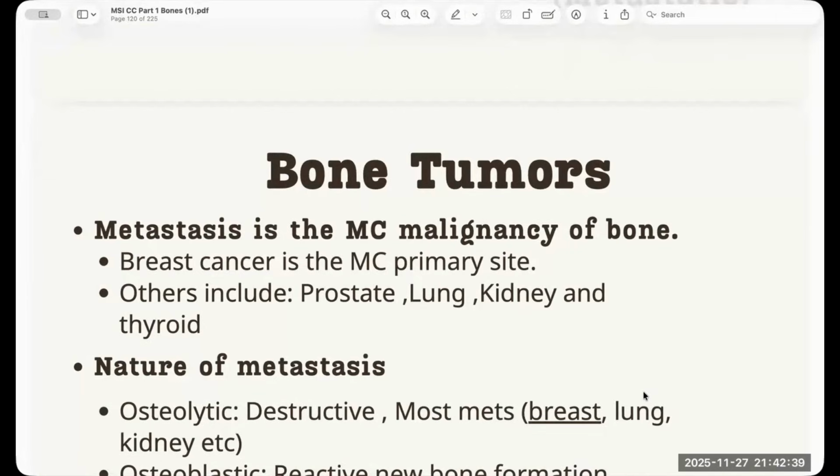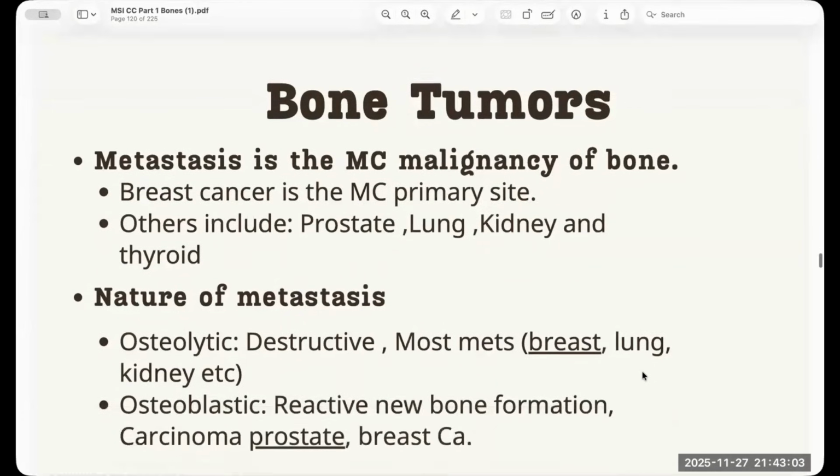So whenever you hear of bone malignancy, you think of it as a metastasis. It's not usually the primary site of the tumor. Most commonly this metastasis comes from breast cancer or prostate, lung, kidney, and thyroid.